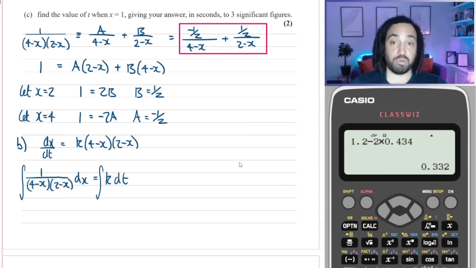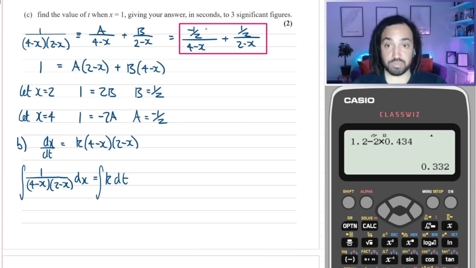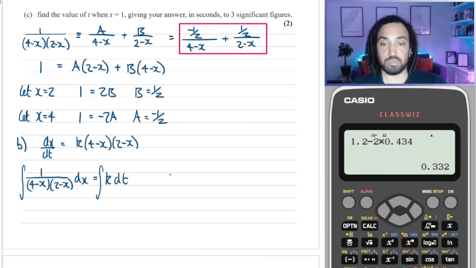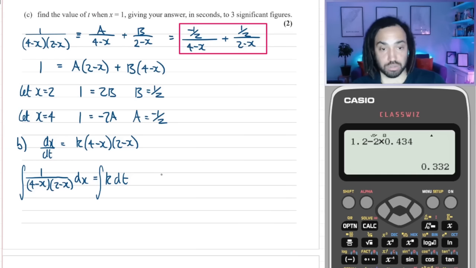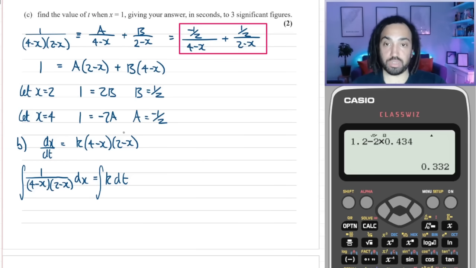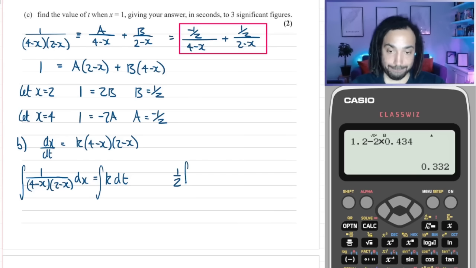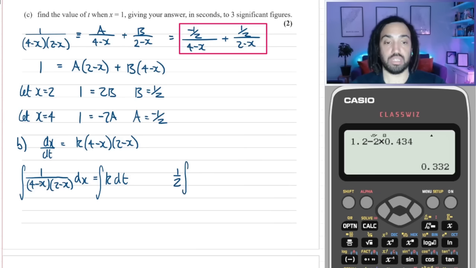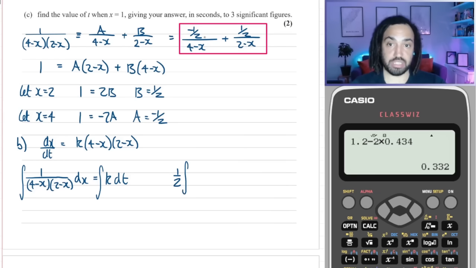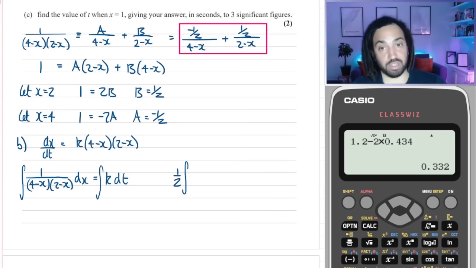Okay, now what we're going to do is we're going to use these partial fractions. So what I'll do is I'll take a half out in order to just have it slightly neater. So we're going to say 1/2 of the integral. Now we know this is the same as this, but we've taken the half out.